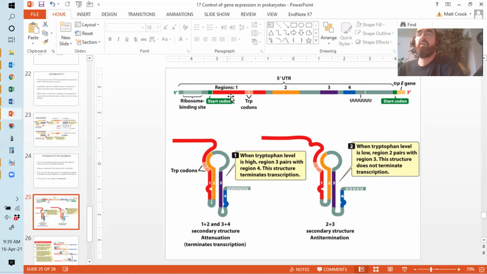But essentially, we have 4 different regions in this leader sequence, and they can pair with each other in different combinations. Right? We can get 1 and 2 paired together, and then that will allow 3 and 4 to pair together. 3 and 4 paired together are the terminator loop. Right? That's essentially RNA polymerase will be around here, and if that terminator loop forms, it will kick RNA polymerase off.